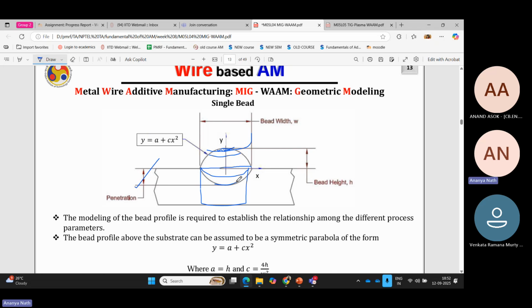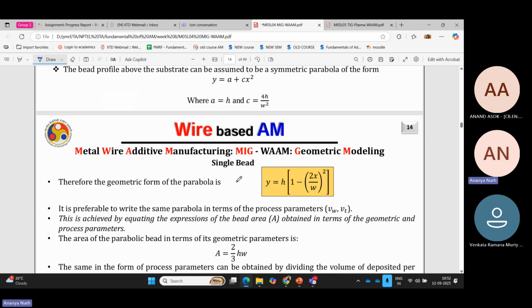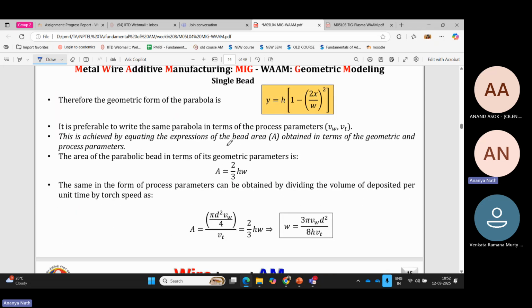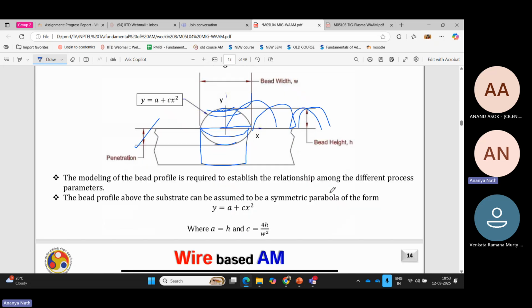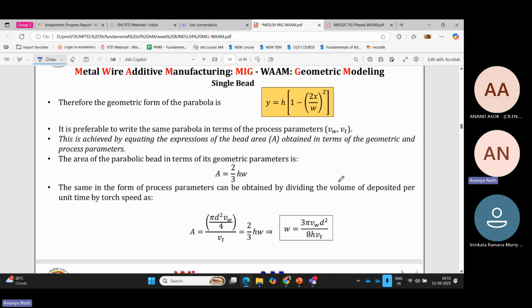Any more doubt? Okay, proceed. So like that, if you proceed more, then you start getting the equation by which you can calculate from which distance your next bead is going to be deposited. Whether it's 50% overlap, or 10% overlap, or 90% overlap, you have to calculate the bead height and width.